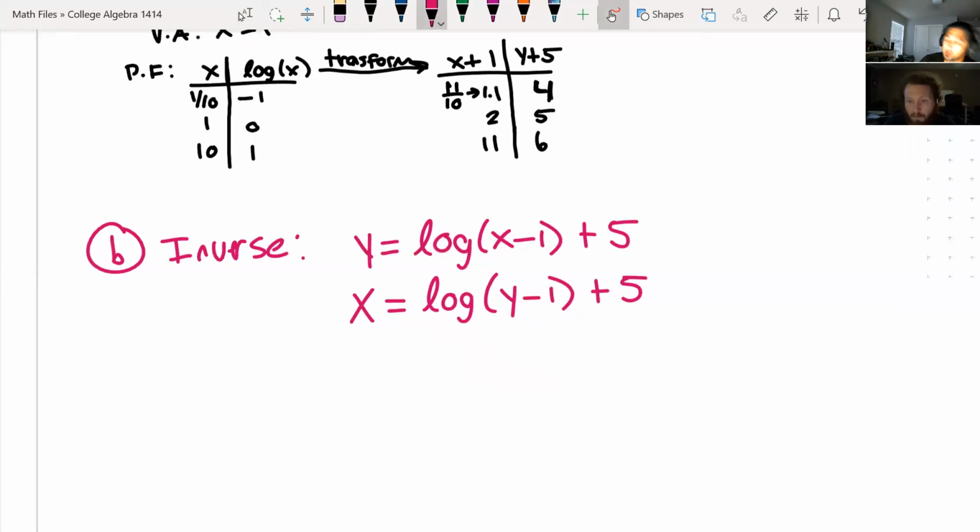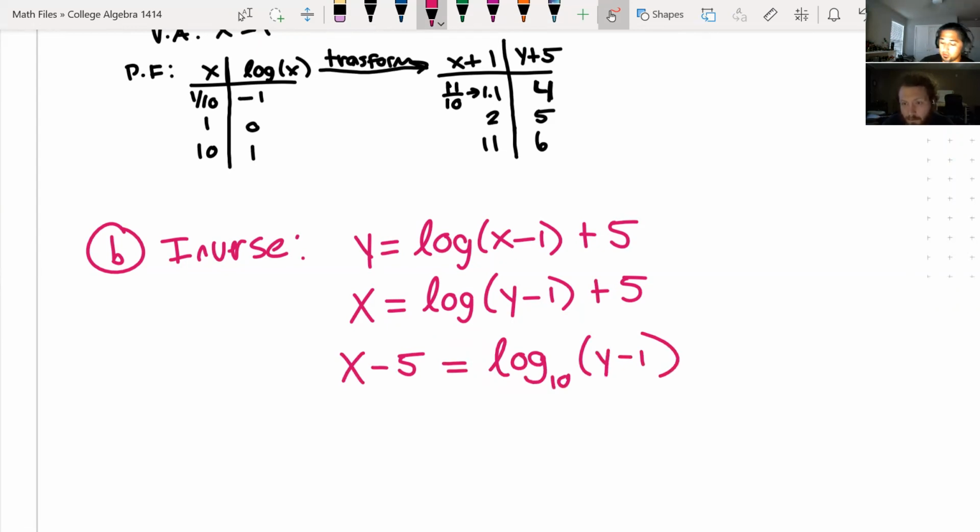And then go ahead and solve for y. So the first thing we're going to do is move that 5 over. So you'll get x minus 5 equal to the log, and now I'm going to put that base of 10 in there. Log base 10 of y minus 1.